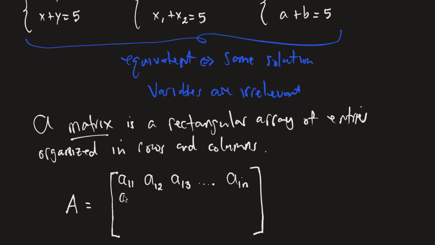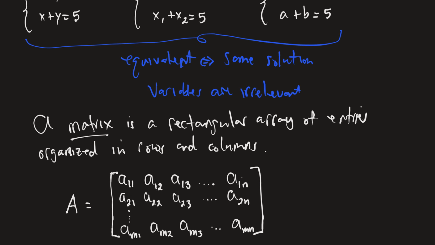And then the second equation, these would be the coefficients, dot, dot, dot, and then A2n, and this pattern continues. Now the mth equation in our system would be Am1, Am2, Am3, dot, dot, dot, Amn. And this is what we're going to call a matrix.